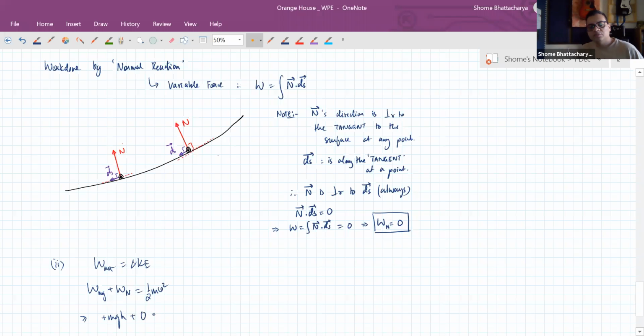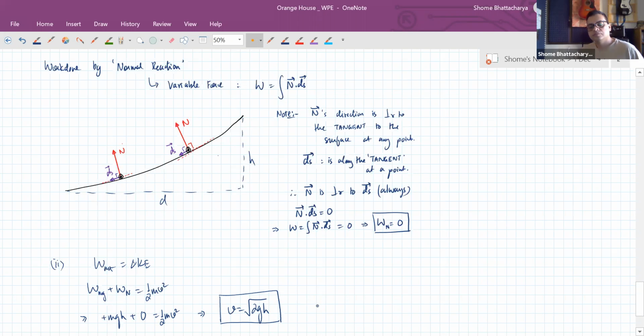Work done by normal reaction was 0. So we get the very interesting result that v is square root of 2gh, just like a free fall through a height of h. Even though this is not a free fall, the path of the particle is a curved path, but that is what the speed is coming out to be.